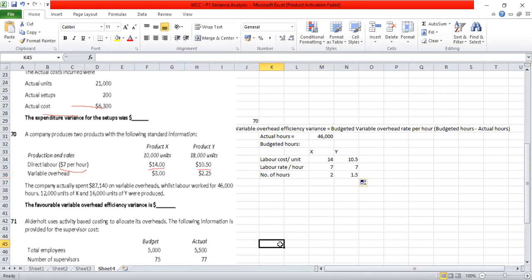So how do we calculate the number of hours? This should not be taken at the budgeted output, but should be taken at the actual output, isn't it? The actual output for X is given as 12,000. Then for Y it is given as 16,000.